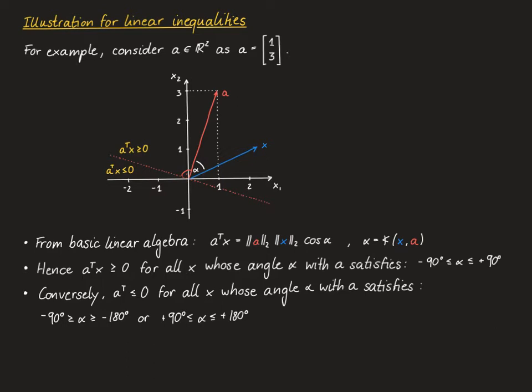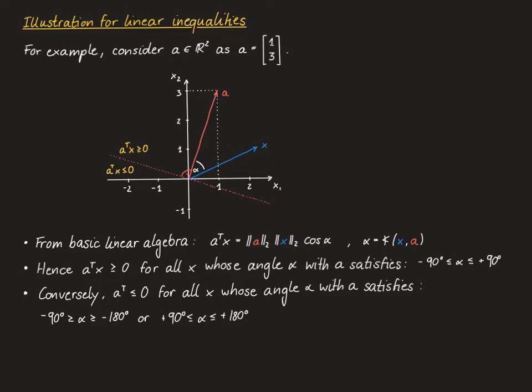So we conclude that in our example, the perpendicular line on A divides up the entire plane into two half planes, where the upper one is the half plane that's defined by the inner product of A and x being greater than or equal to 0, and the lower half plane is defined by the inner product of A and x being less than or equal to 0.